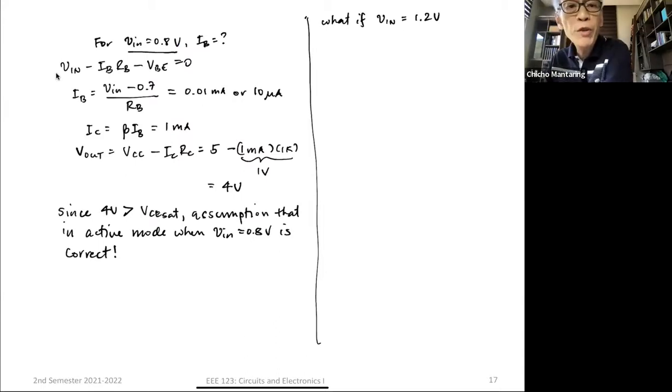Okay, so I'll compute first for IB, since step 1 is always to compute for IB. IB is Vin minus 0.7 over RB. So 1.2 minus 0.7 is 0.5. 0.5 divided by 10K. This is going to be 0.05 mA.